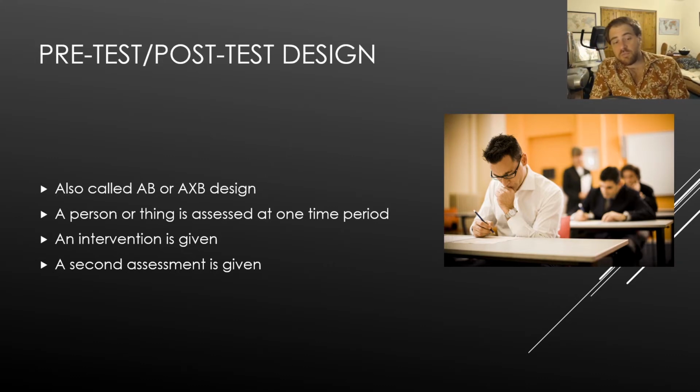So the pre-test, post-test design, which is also sometimes called an A-B design or an AXB design. The X in this case stands for experiment. You do A, experiment, then B. What this means is you're not just going to test people after you've done some sort of intervention. Makes sense, right?